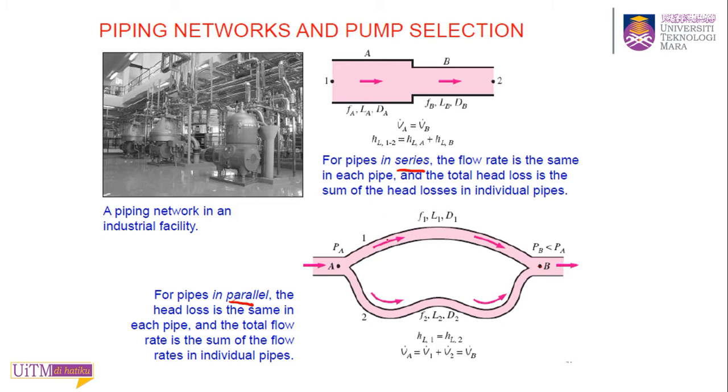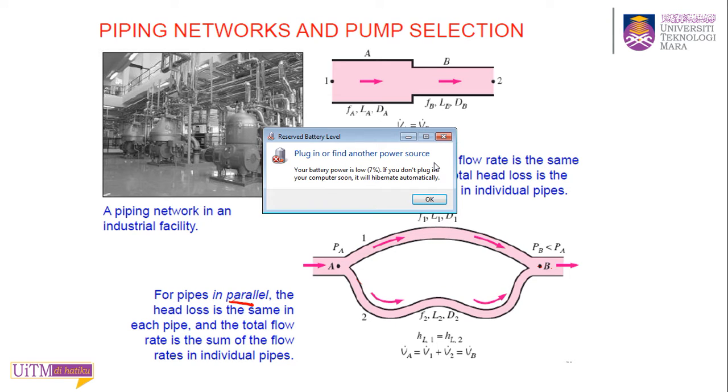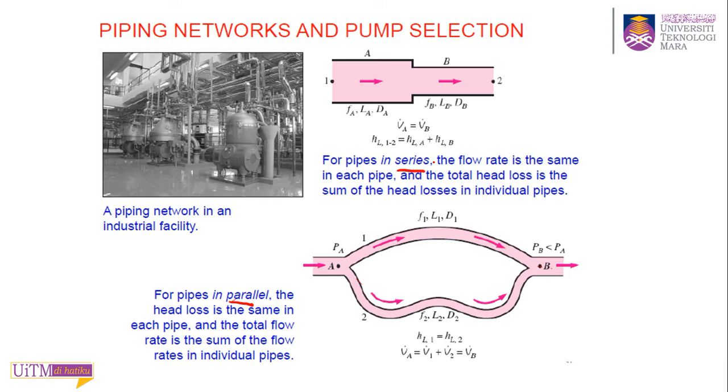As in this picture, there is one junction and a second junction, and after that it combines again at the end. So these are the two piping networks in an industry facility, or in any power plant or oil refinery.